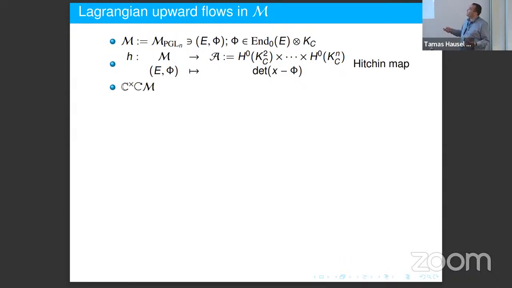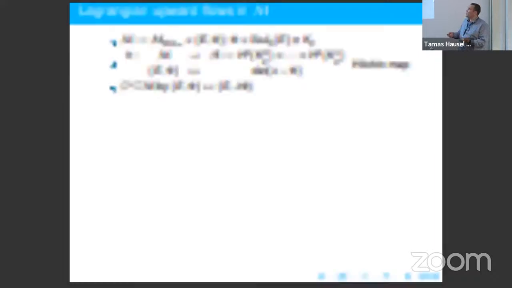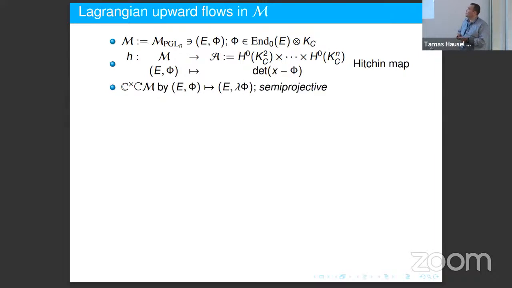Then we will consider an even more extra structure on the Higgs moduli space. There is a C-star action by scaling the Higgs field, with respect to which the moduli space has this wonderful property, what I like to call semi-projective, which means two things.